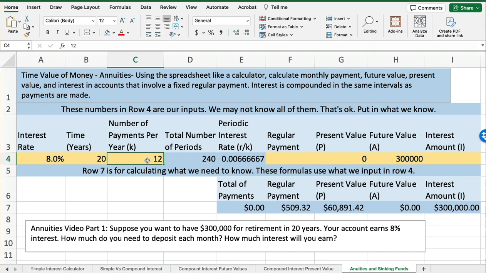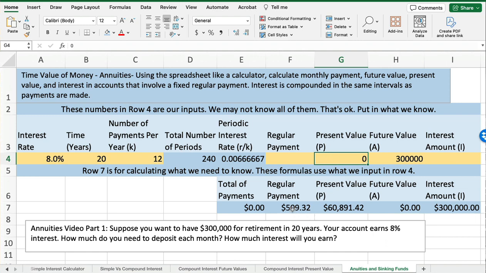And the number of payments per year, is that equal to 12? Well, it says each month. So yes. So our interest rate is 8%. Time in years is 20. Number of payments per year is 12. And the present value we're assuming is 0. So we don't have anything to start with. We're just going to be making regular payments.